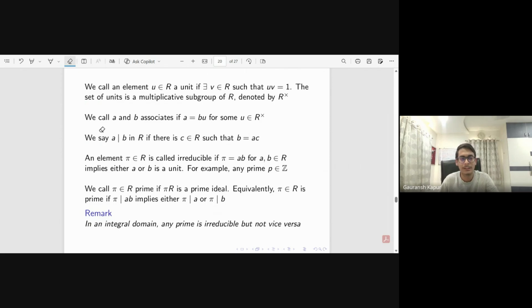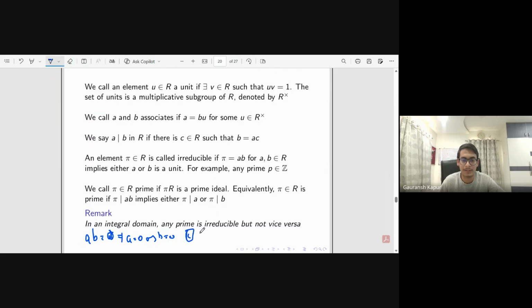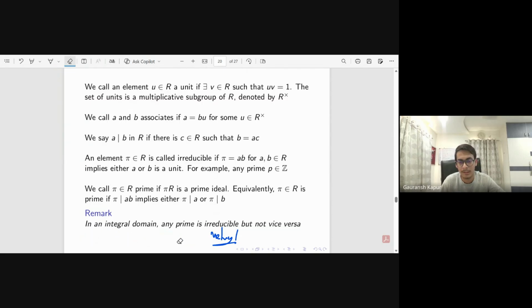And it can be shown that in an integral domain, which is a ring with no zero divisors, meaning if the product of two numbers is zero then one of them must be zero, so any number field is an integral domain. An example of a set which is not an integral domain is matrices, because you can have two non-trivial matrices that multiply to the zero matrix. So in an integral domain, any prime is irreducible, but the vice versa might not be true.